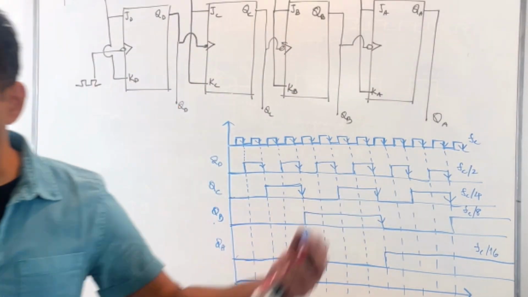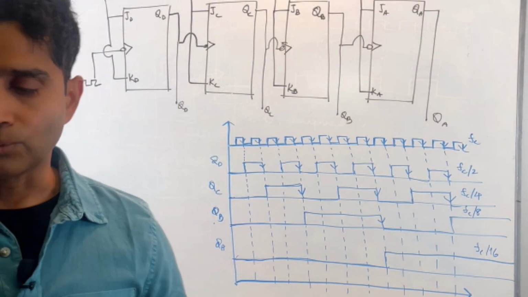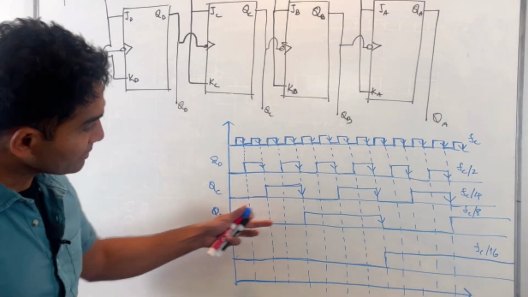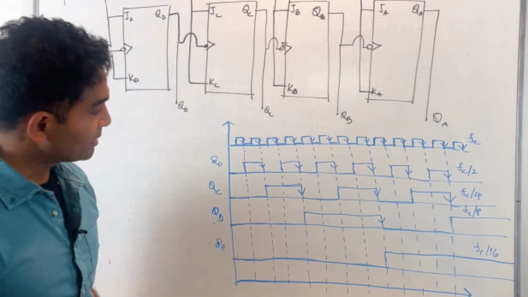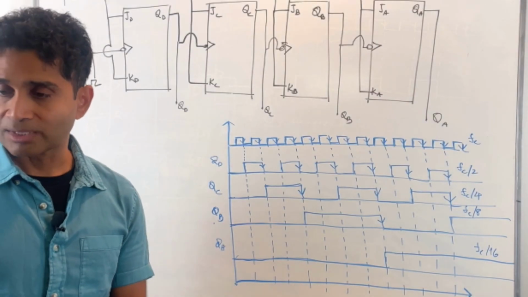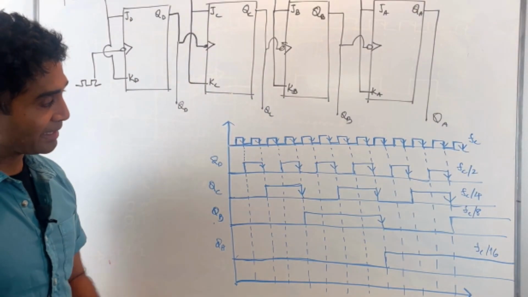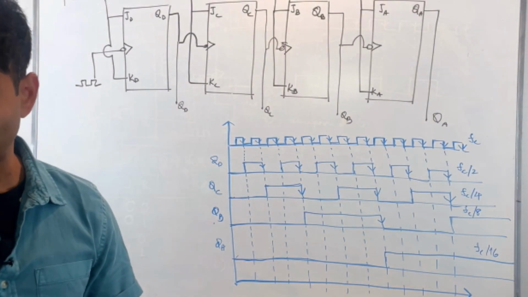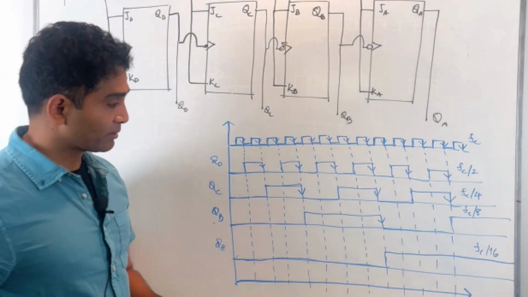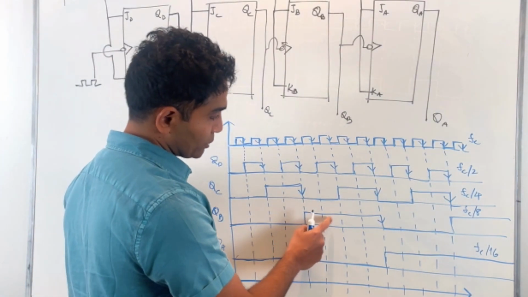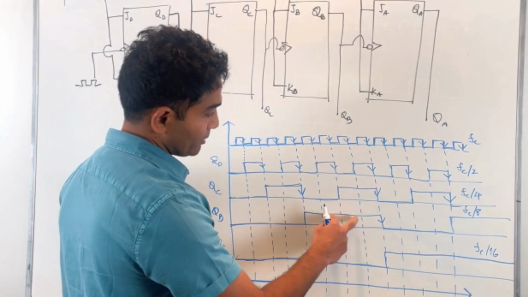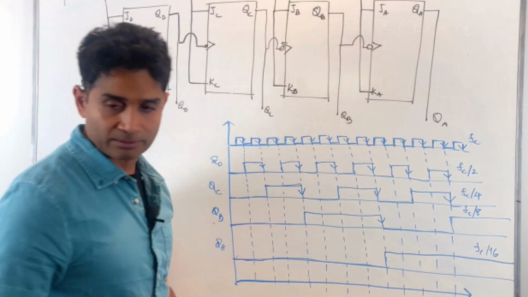So you can use this circuit to create signals of set duration, which you can use as timing signals. So you can actually use this particular circuit for generation of timing signals. For example, if I want a timing signal that's on for, let's say, 1, 2, 3, 4 clock cycles, I would use this particular signal, right?